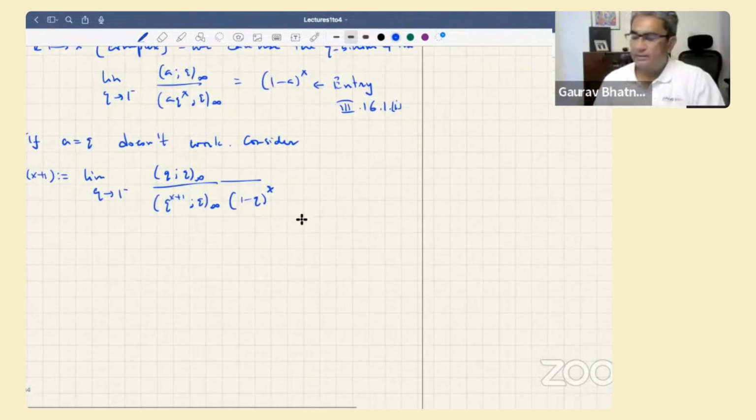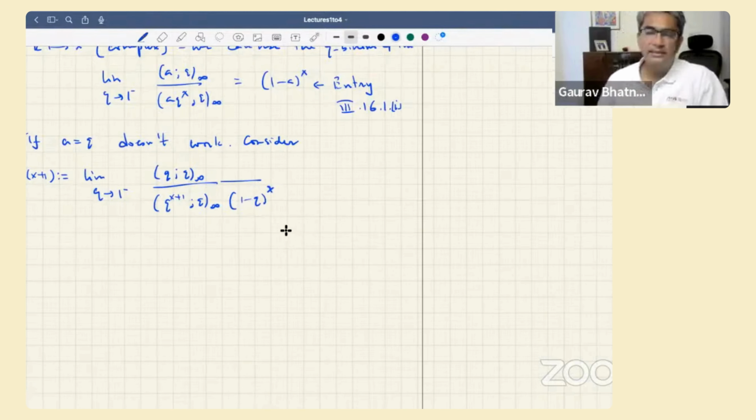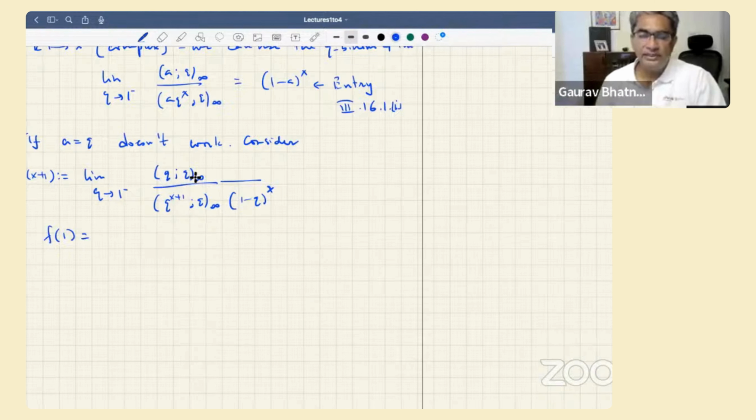So what is this? This is essentially what we have. So let's just see what happens when x is equal to 0. When x is 0, then this is (Q;Q) infinity divided by (Q;Q) infinity. This is 1, so you get 1.